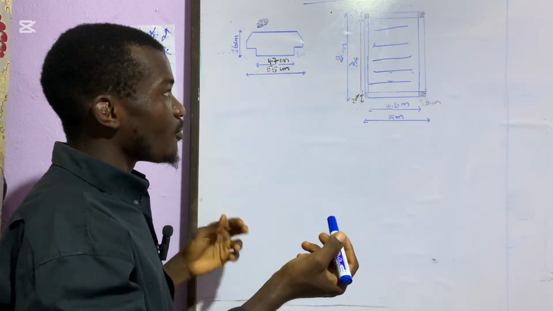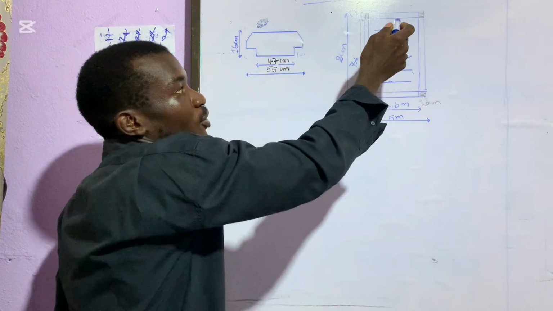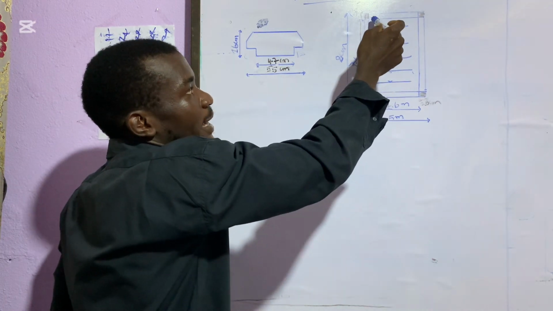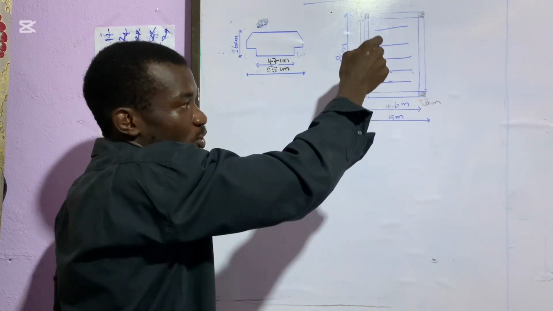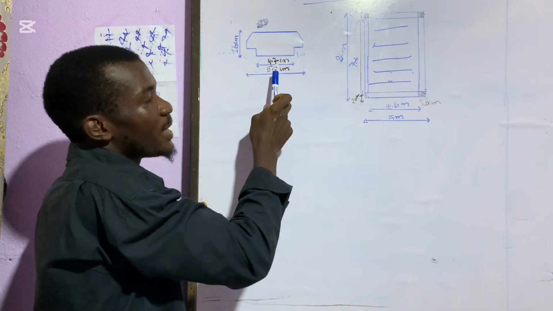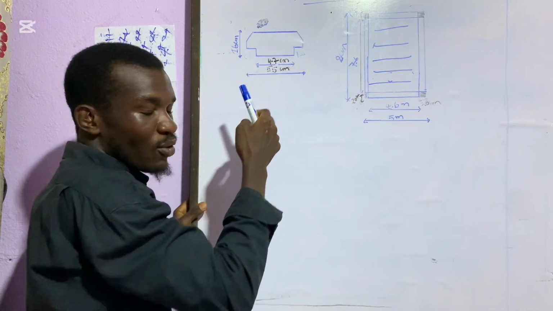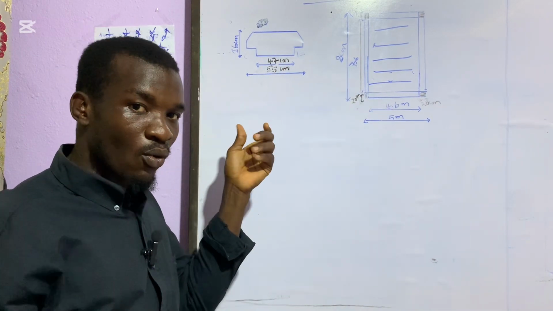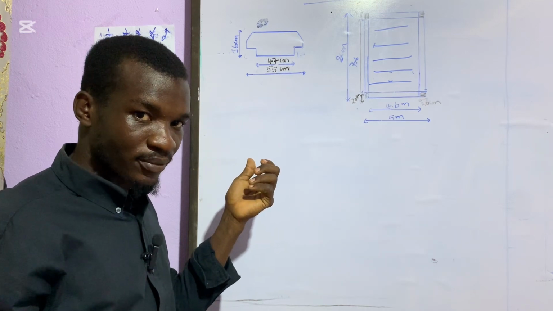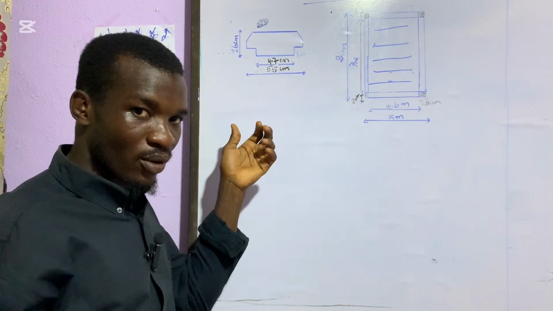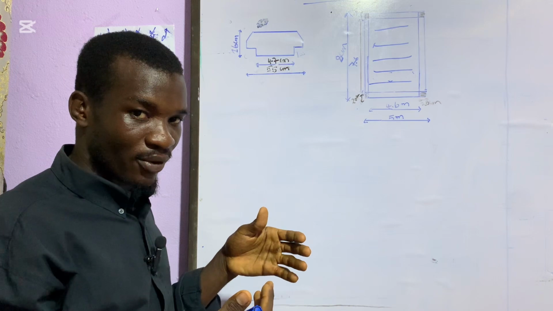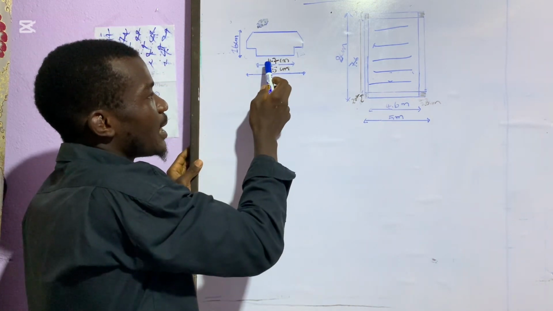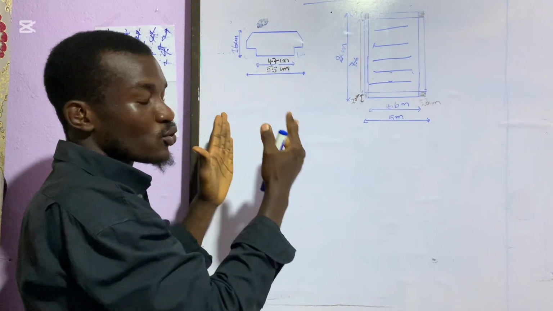To get the number of rib-beam for your slab, you take the length of the long span divided by the internal length of your hollow block slab. This is the hollow block that you will use for the slab. You take this internal length, that's the length in between two rib-beam.